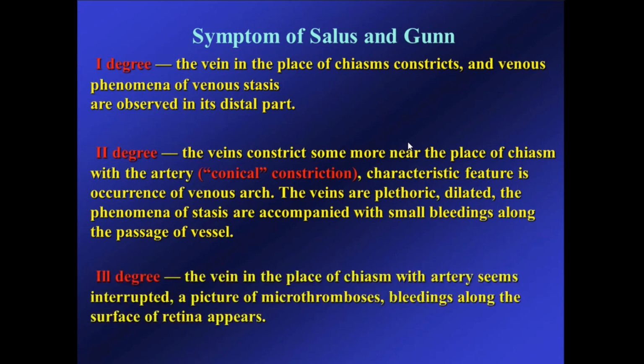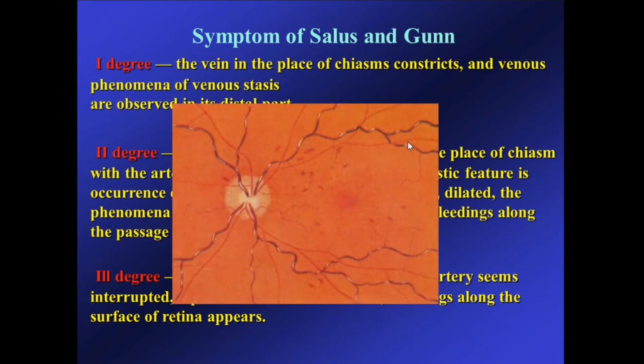The third degree, the vein in the place of chiasm with the artery is interrupted. We can see the picture of microthrombosis, bleedings, and you can see the picture of hypertensive angiosclerosis.